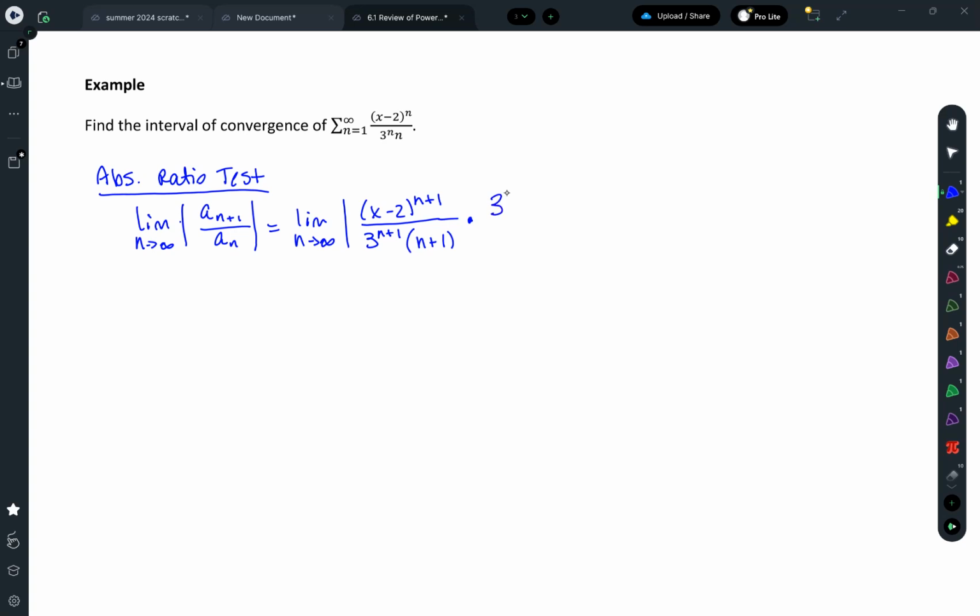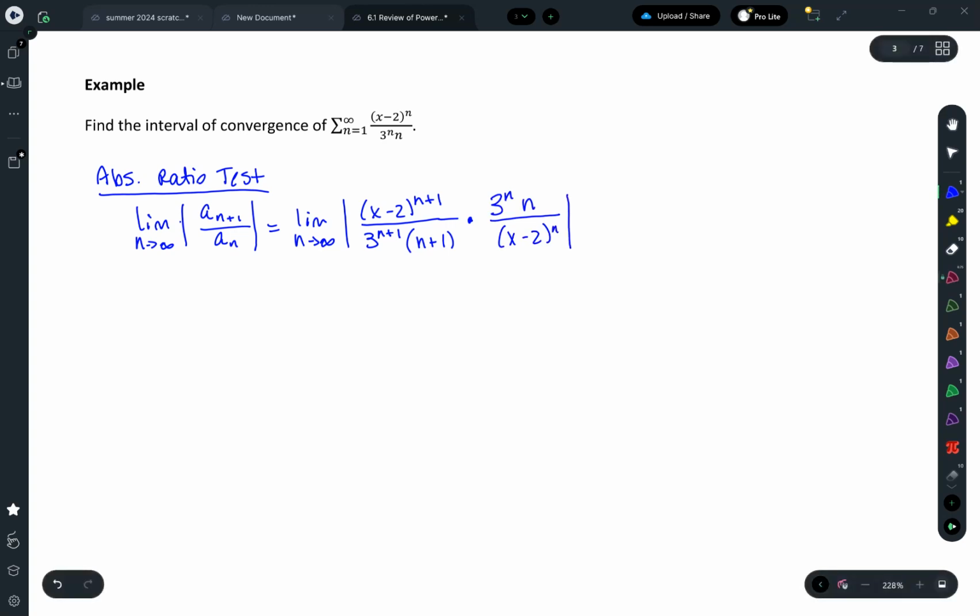So now the numerator is 3 to the n times n. The denominator is x minus 2 to the n. Okay, now I can start simplifying things. I notice that in the x minus 2's, there are n of them in the bottom that cancel out with n of them on top and leave 1 on top. With the 3's, there are n of them on top and n plus 1 in the bottom.